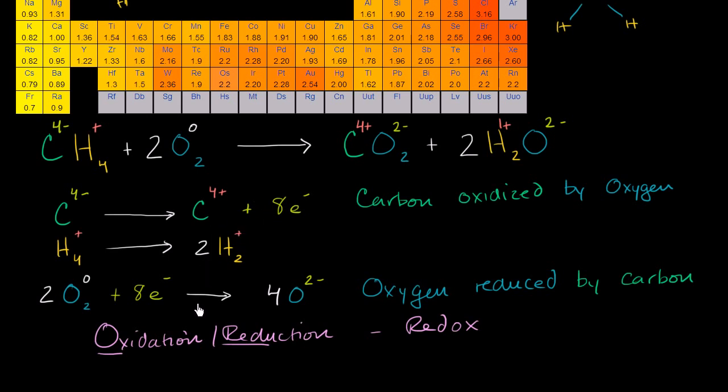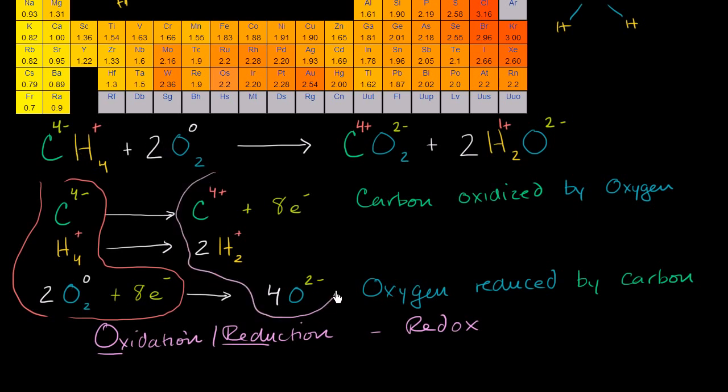And one way to check that your half reactions actually make sense is you can sum up the two sides. If you take this left side right over here and sum them up, you should get all the constituents right over here minus the electrons. And the same thing over here: you should get all the constituents on the right-hand side minus the electrons. If you added all of this stuff on the left-hand side, you would get this plus that, plus this 8 electrons.